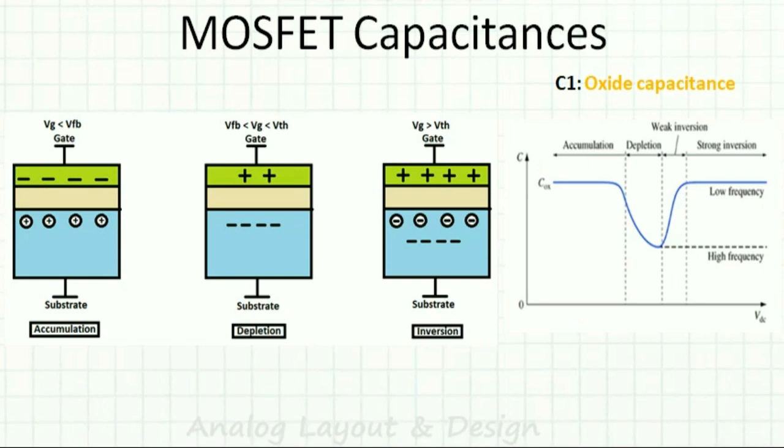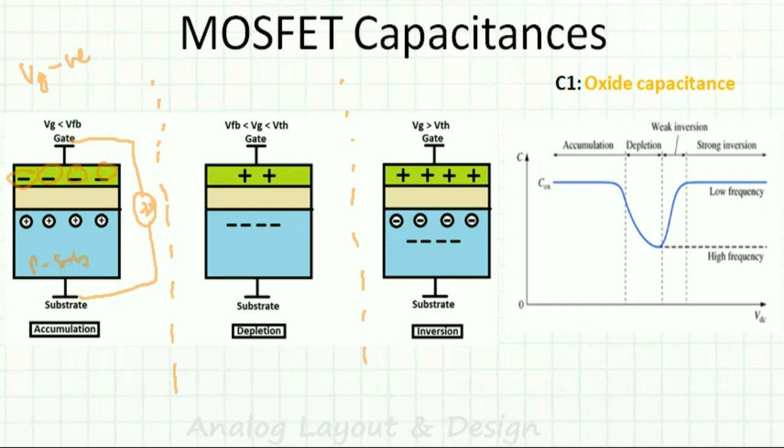We have three different regions in which the capacitance varies based on the gate voltage. The substrate is connected to ground, and say V gate is negative. Suppose I connect the gate like this and give minus 2 volts, so the applied gate voltage is minus 2 volts. Since the gate is negative, the negative charges are here, and the P type substrate has holes, the positive charges.